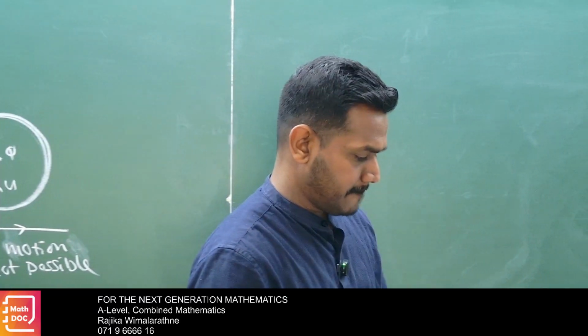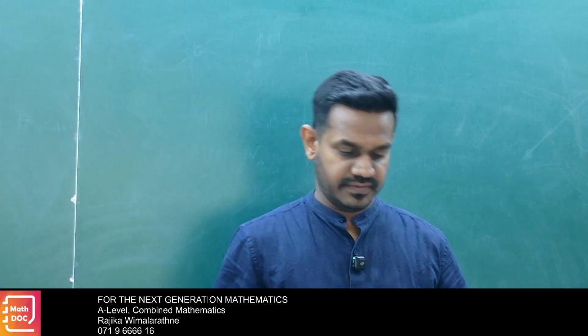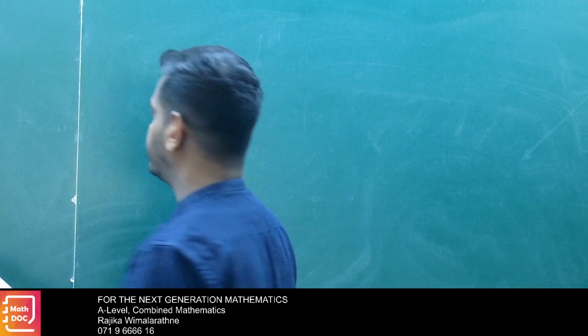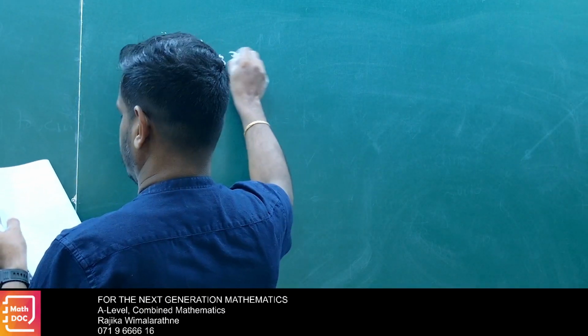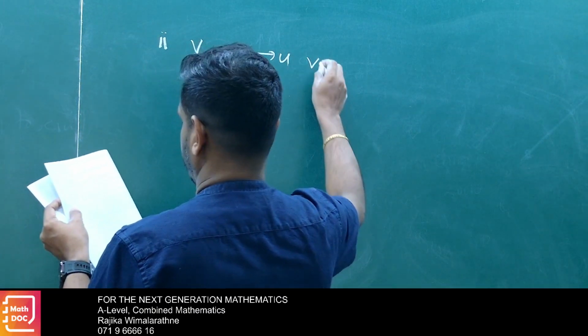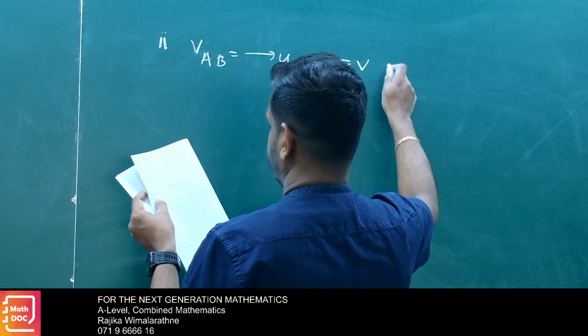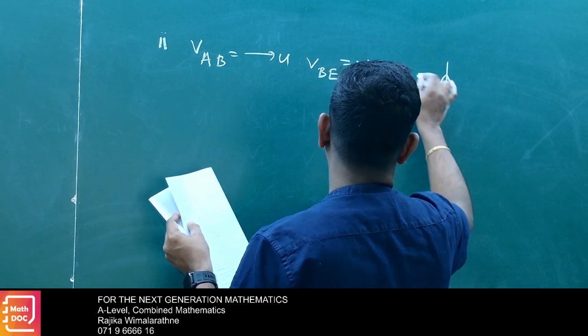Okay. Now I'll do another one. You better do it with me. Here the second one, VAB, U, VBE, VAE, here this side.